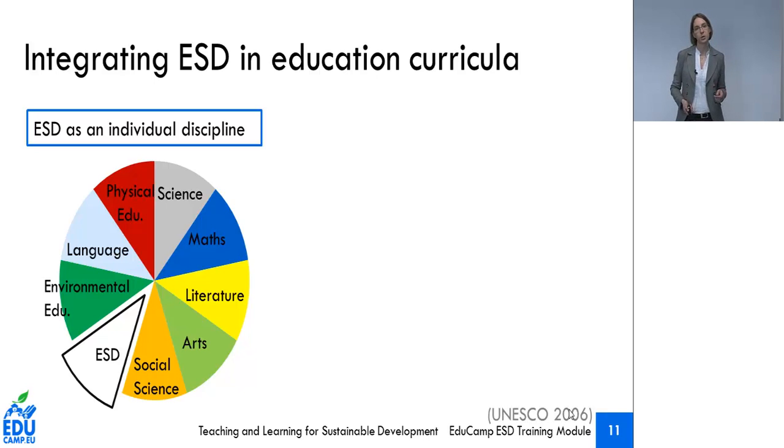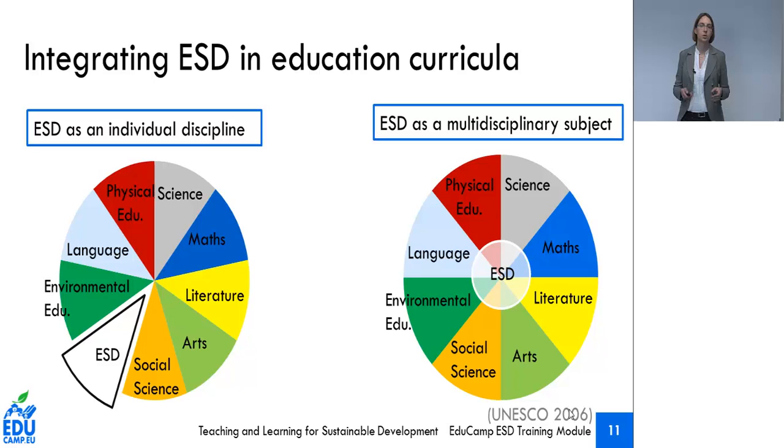Or the other option would be to see ESD really as a multidisciplinary subject, so that ESD is included in all those disciplines as we know them, like science, language, environmental education and so on. And that we really try to integrate ESD issues in all these subjects and also try that they work more closely together then.